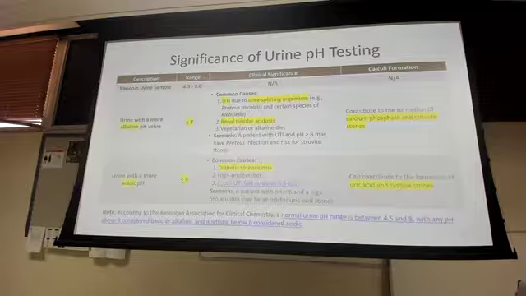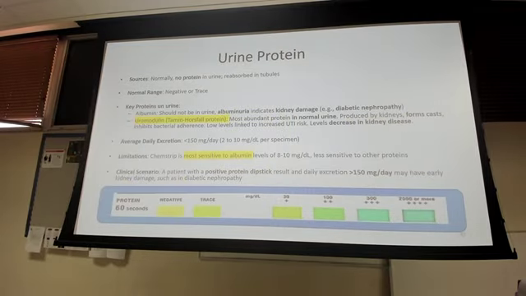UTIs can also be present, but it's E. coli specifically that's causing a UTI. And then also in a more acidic type of urine, you'll see more of those cystine stones. And we'll go a little bit more into stones in that second part of the urine lecture.